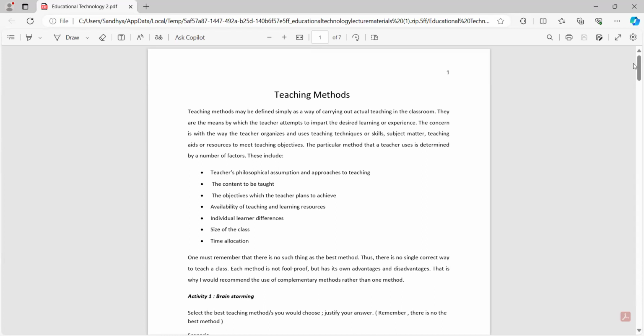Then we have this concept of approaches, methods, techniques, and strategies. So we looked at the interconnected nature of approaches, methods, techniques, and strategies, right? And then we looked at what are the two main approaches to teaching. Do you remember?